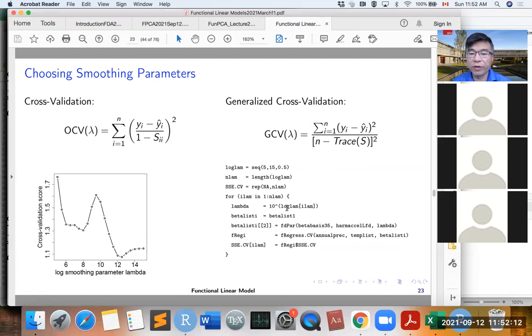It will be very similar. So instead, we vary the value of the smoothing parameter by scale. We can choose 0, 1, 10, 100, 1000, right? So we make a big change in the value of the smoothing parameter.